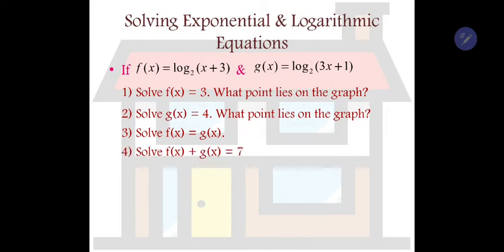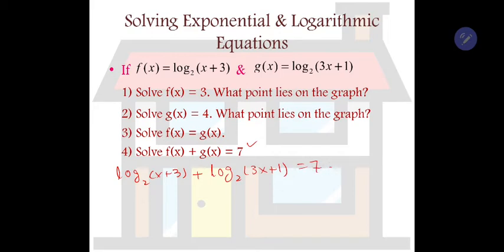The fourth part says f of x plus g of x is equal to 7. Now to answer this question, f of x plus g of x on the left hand side of the equal sign. We know f of x is log base 2 of (x plus 3), and g of x is log base 2 of (3x plus 1), and this whole thing is equal to 7.